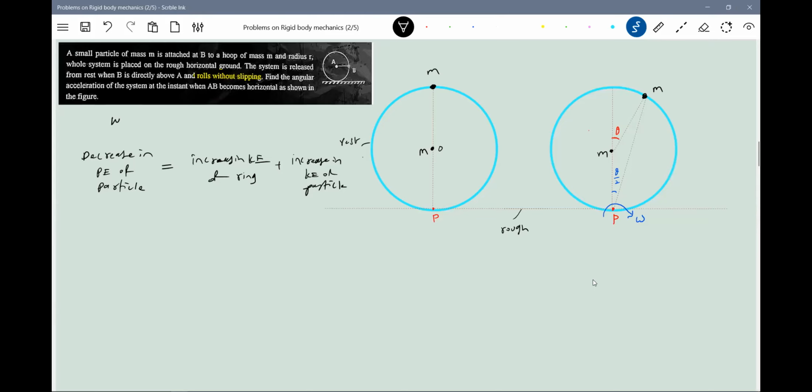Let's also solve the problem by standing at P. And what is P? P is an instantaneous center.